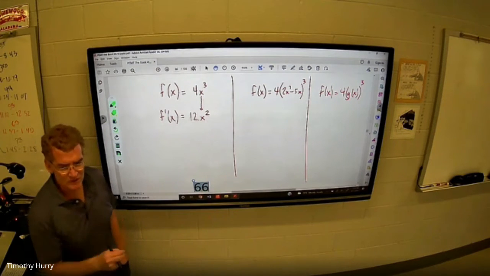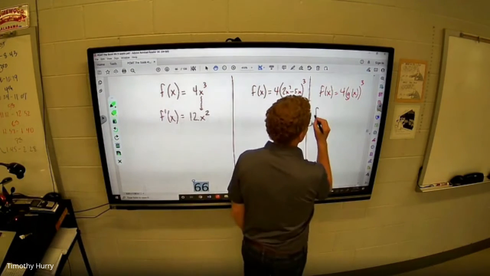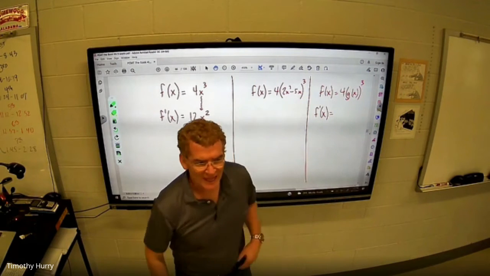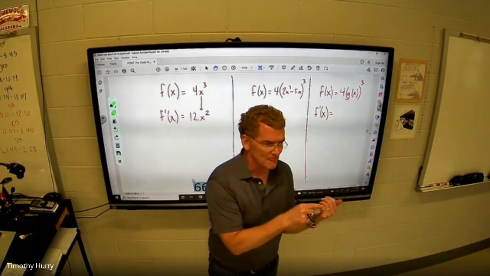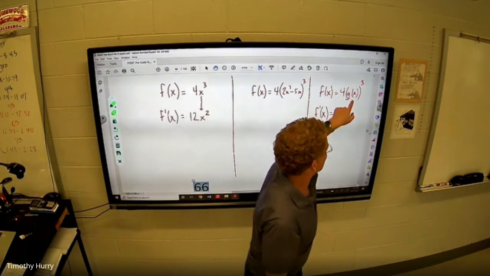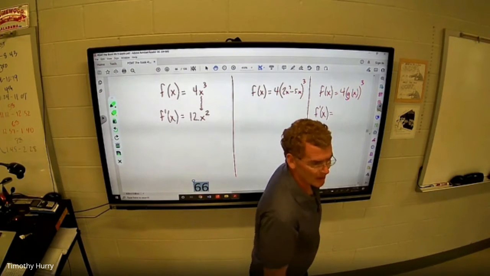But here's the difference. What you're technically supposed to do when you take the derivative of a function is identify what is going on with the function on one side. Technically, over here on the right, this function is being cubed and multiplied by 4.